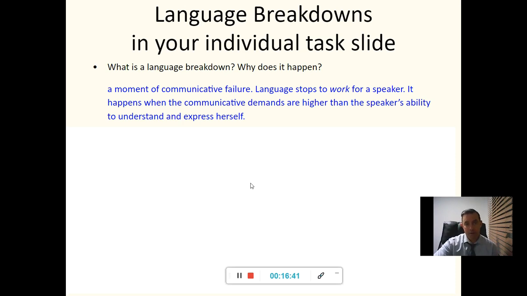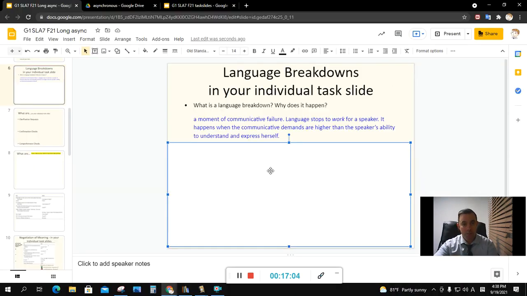But when something breaks down, it stops working. And that's exactly what happens with language breakdown. So you reach a point where your language skills are not enough to express yourself in that context, right? So sounds pretty grim, but remember that Long is saying it's kind of a good thing, which brings us to our next question.